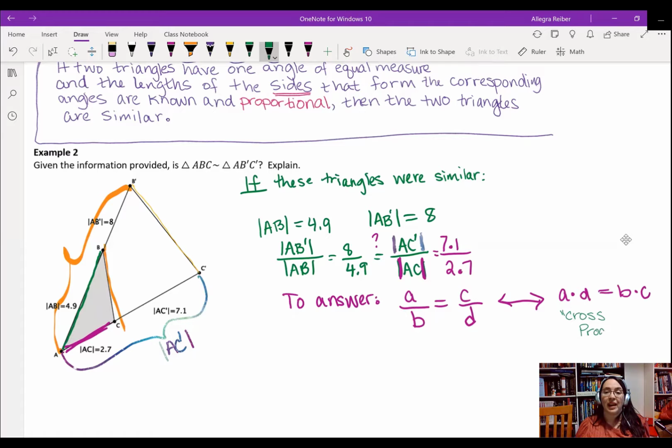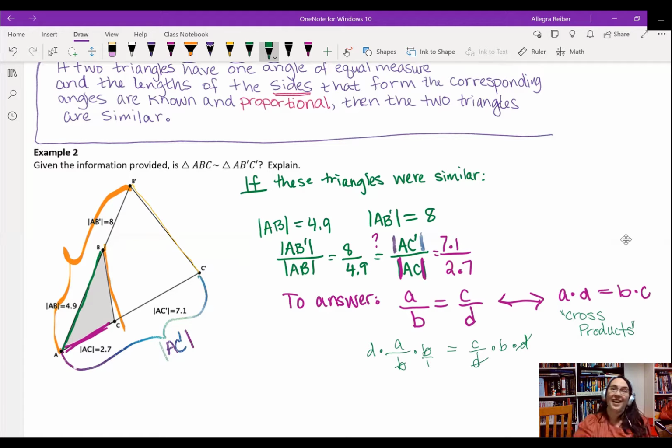It gets its name because when we go through this process, we do it by multiplying across on both sides. So we'll do two multiplications. So what we end up with is the product of that numerator from the left times the denominator on the right, and setting that equal to the denominator on the left times the numerator on the right.